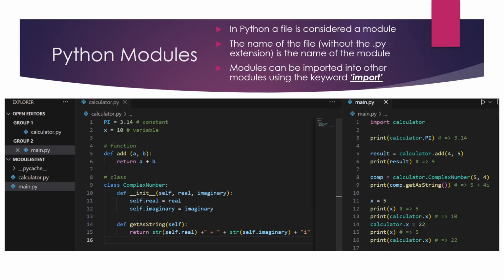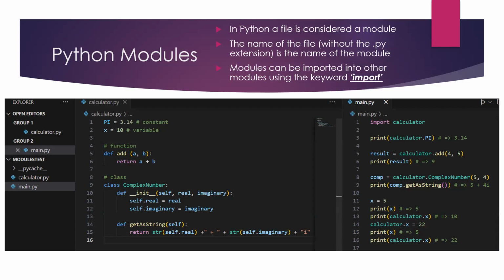The reusable code that we have here is calculator.py. It's just a simple Python file that has all the different components that we can define in Python. Here, this is a constant. In Python, we don't use the const keyword or anything.